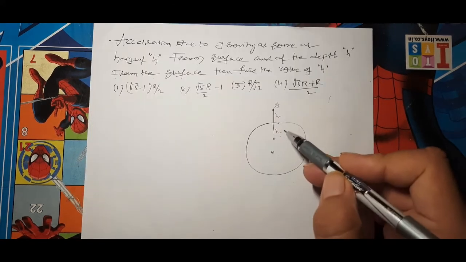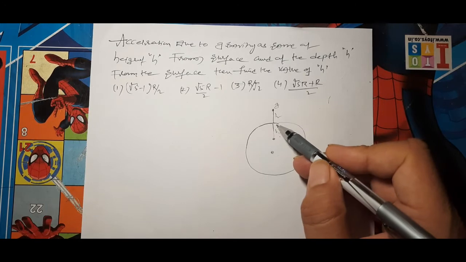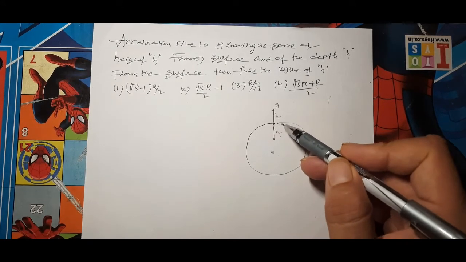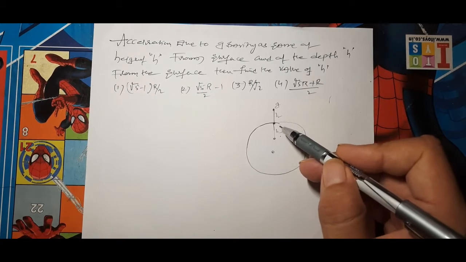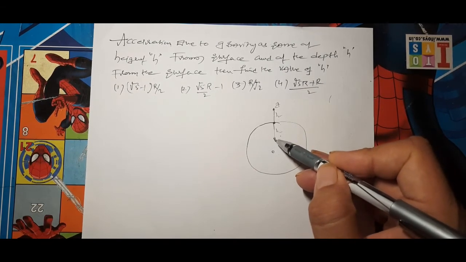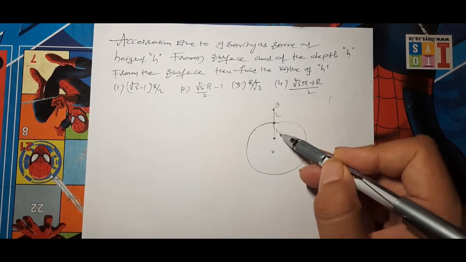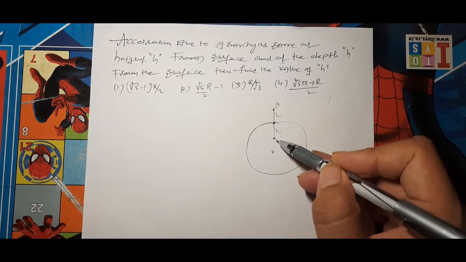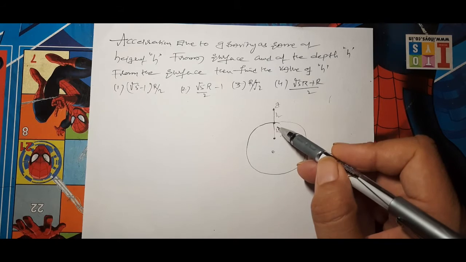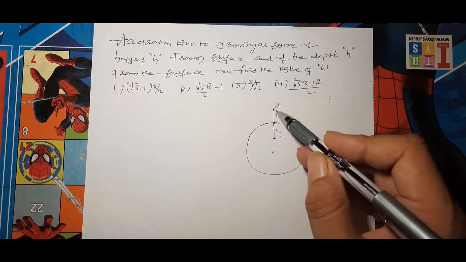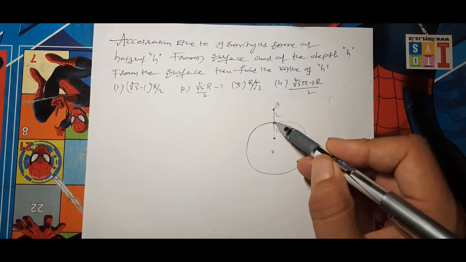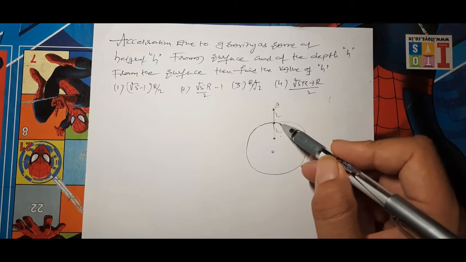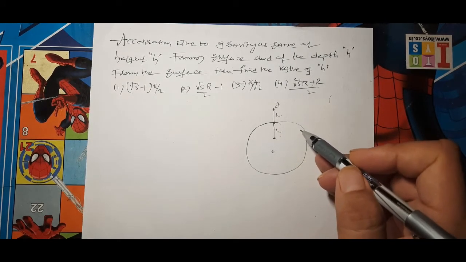So this is the surface of the earth. From this surface, this is a point at a depth h. The value of g here is the same as the value of g at a height h from the surface of the earth.